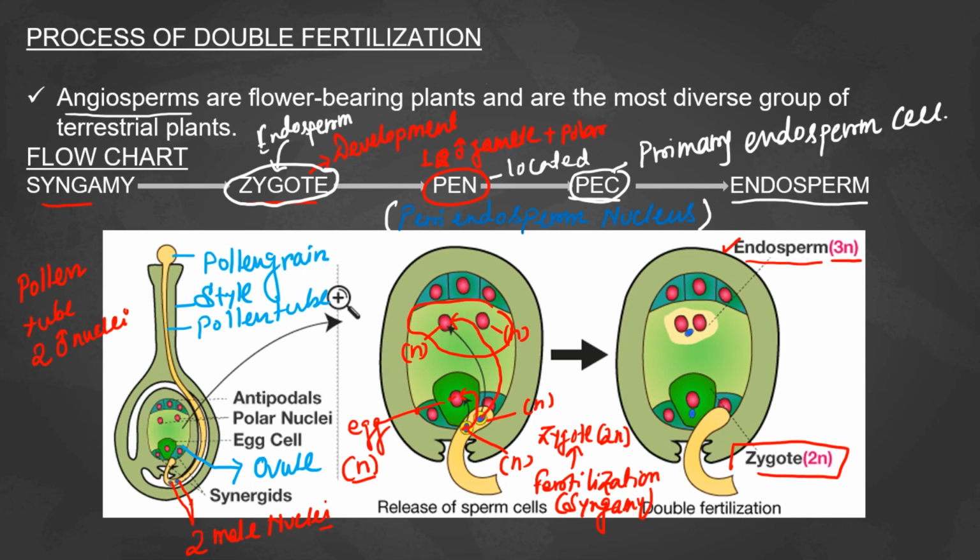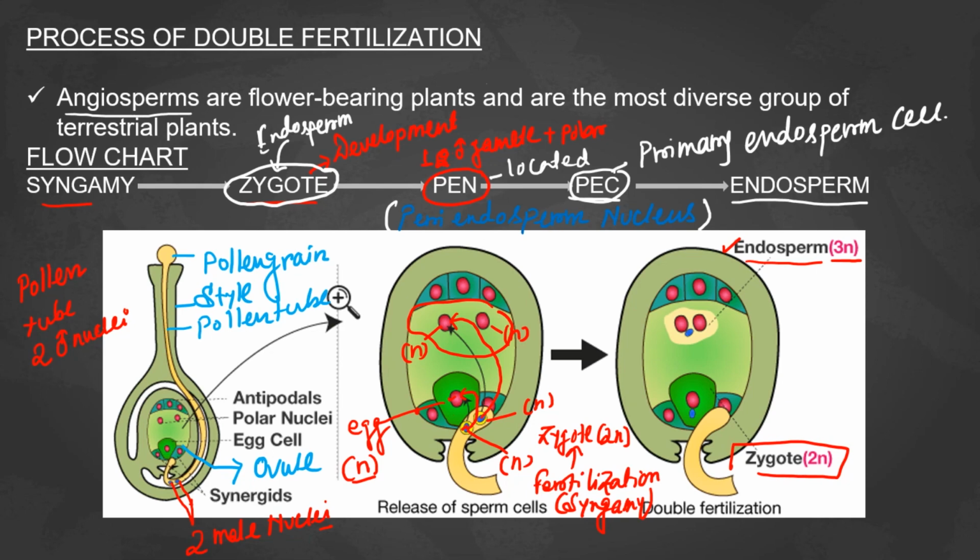Correct? So what is the role of the endosperm? The endosperm gives nutrition to the zygote, and after using the nutrient from the endosperm, the zygote will get converted into embryo.